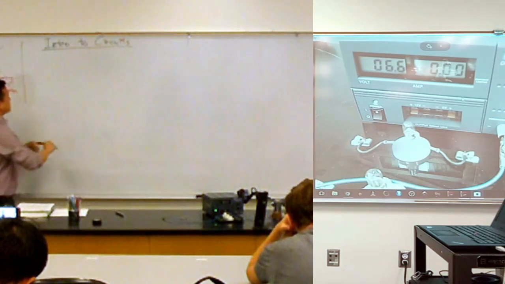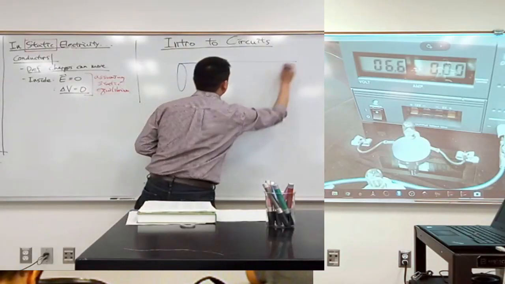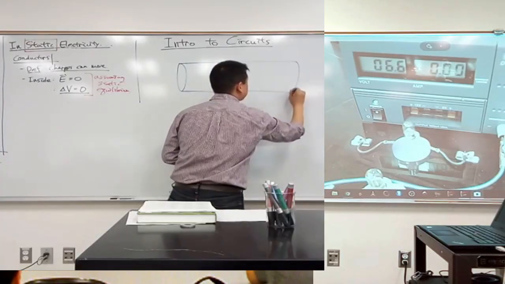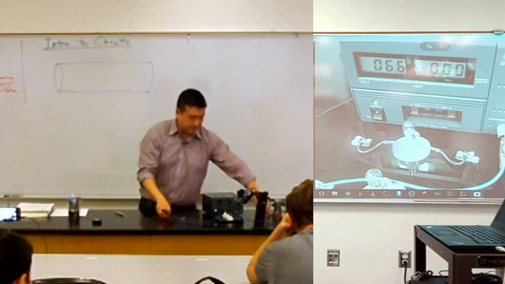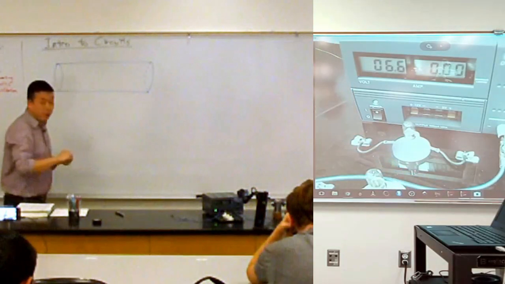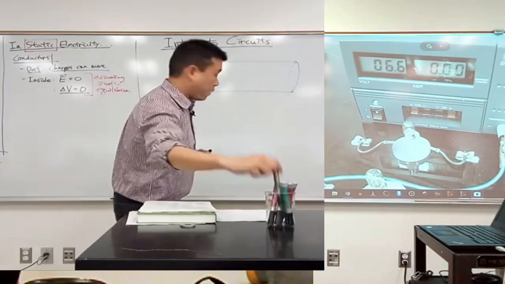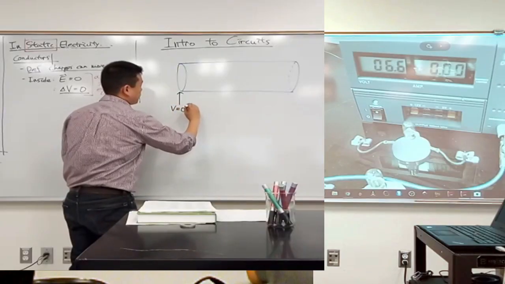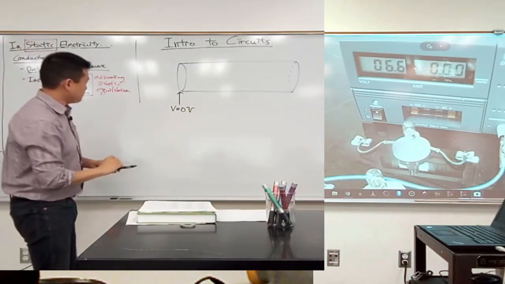So imagine this sort of cylinder is a representation of the conducting wire. By connecting these leads from the power supply to the conducting wire, we are applying a voltage across this conductor. We apply a voltage at this end of 0 volts.